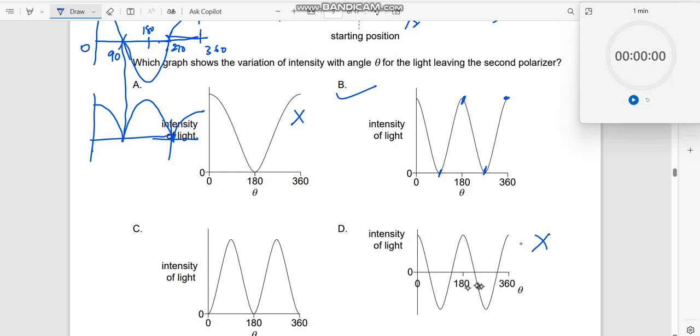Luckily here all three options are positive. But if one option had a negative intensity, you could outright say that is not possible. This one is also not possible because the same type of features are not allowed. So B is the right answer. Let us take up the next question.